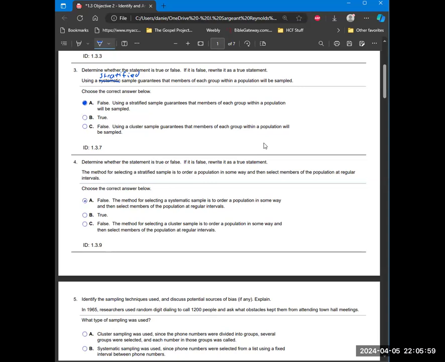So this is A, and this is systematic. Those are true false questions where they switch the definitions for systematic and stratified.